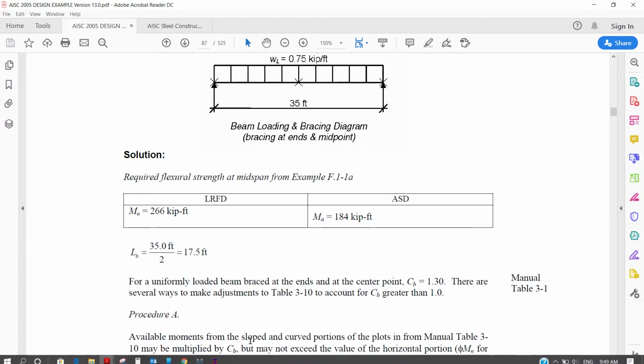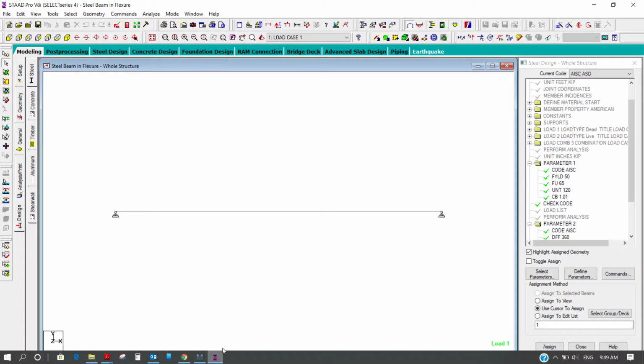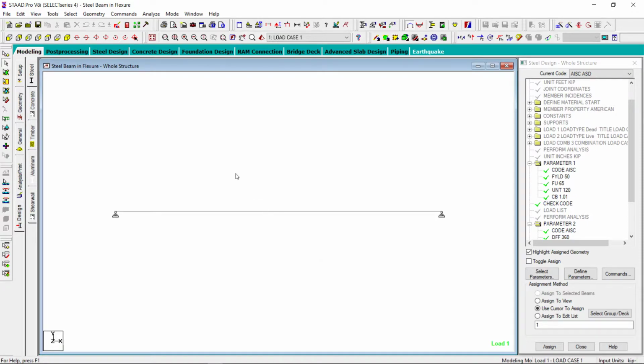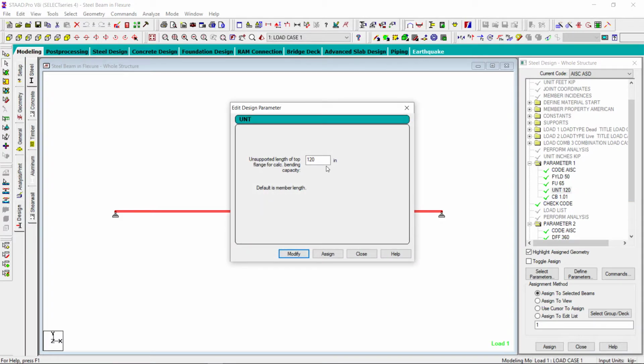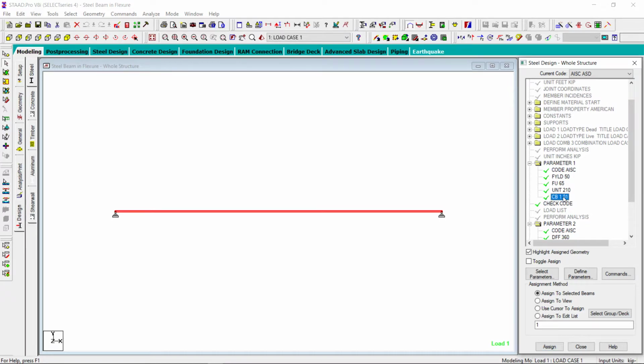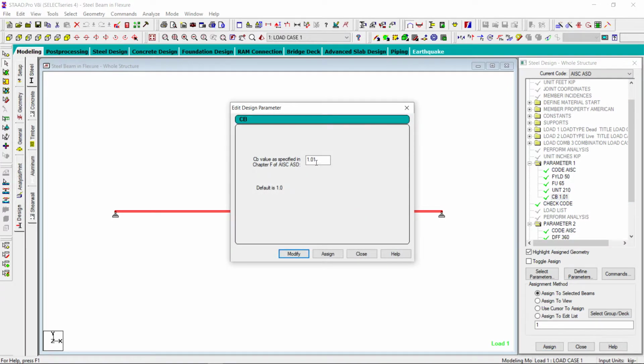Let us see what STAAD can do. So going back to the same data file, now I can change the unsupported length for the top flange. Instead of 128 inch, now it will be 210 inch, and the value of CB will be 1.30.